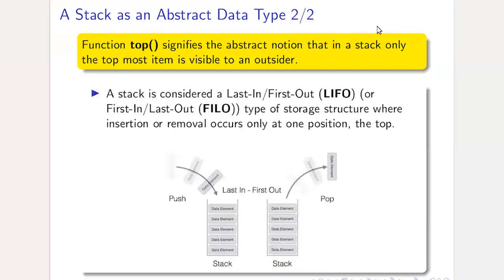So I have a diagram here which shows the operation of a stack very succinctly. It's very important to remember these terms like LIFO, which in a shorthand manner indicate the particular operational behavior of the data structure.